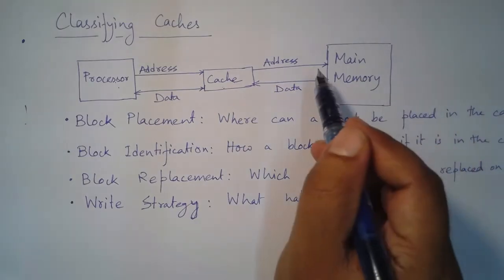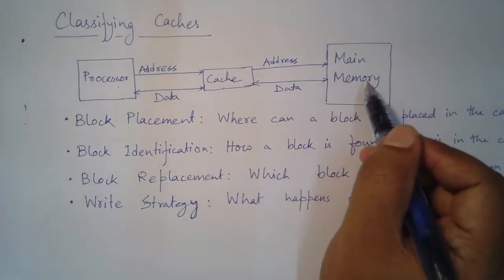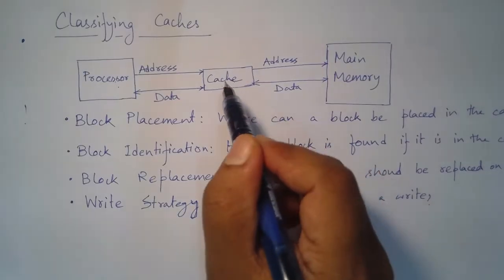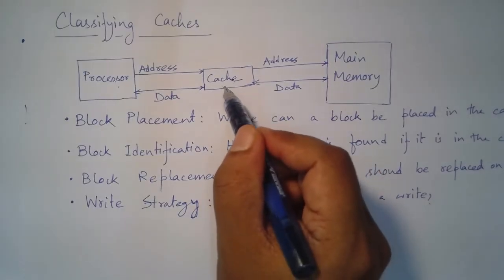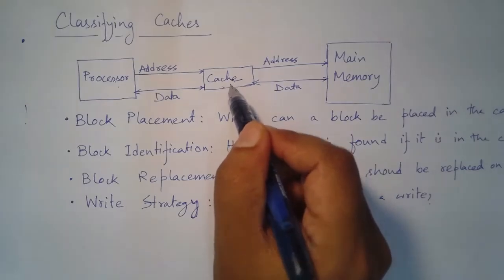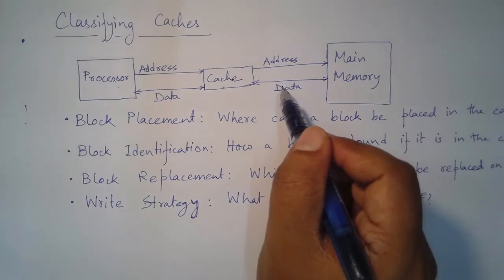In case of write back, you don't do that, you only update the main memory when you are evicting the cache block. But implementing the write back strategy is a little more complicated, but you save bandwidth. So that is the advantage.